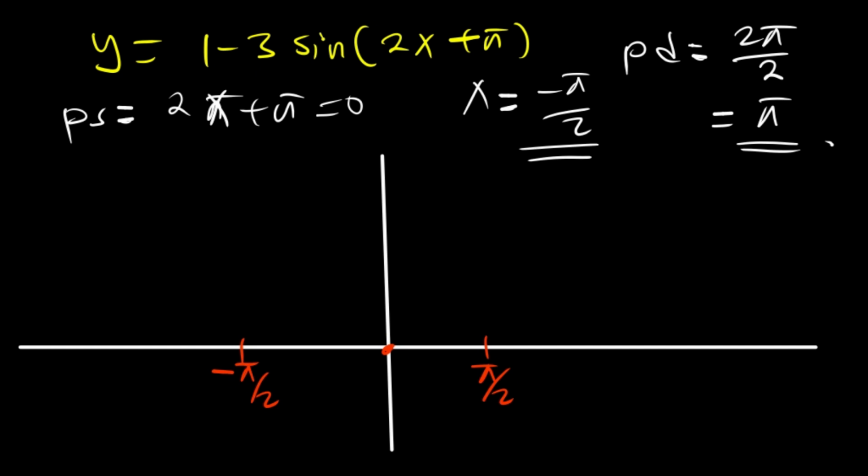Pi over 2 plus pi over 2 is going to be pi. How many points do we have? We have got 4. We need to have 5.